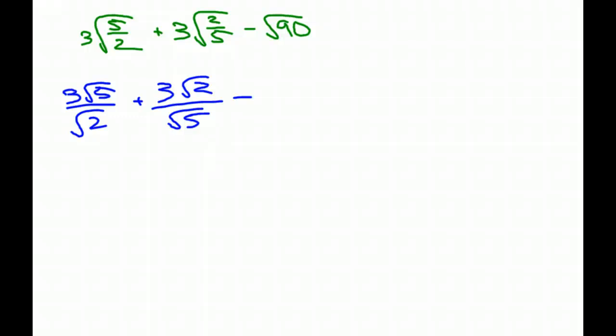And Seth, what did you say? 3 square root of 10, which is correct, by the way. Before he got to that answer, he had to find two numbers multiplied together that give him 90, where he can take the square root of one of them. So I used 30 and 3. Can't take the square root of either one of those, so I throw that one out. He used 9 and 10.